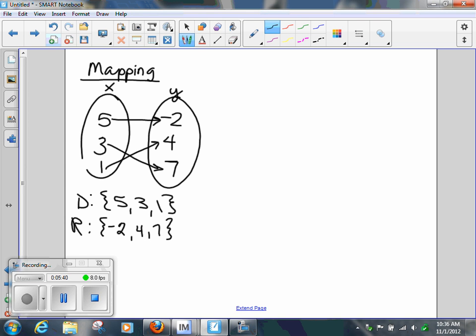You might also have an XY table. And we've dealt with these. We definitely dealt with these in probably Math 6, 7, maybe Algebra 1 a little bit.